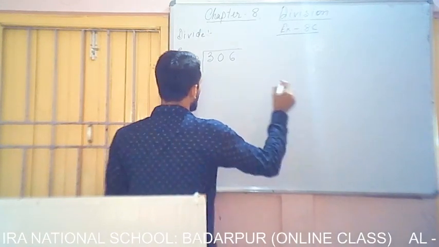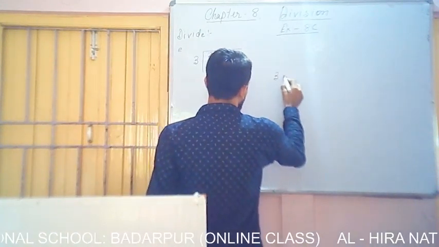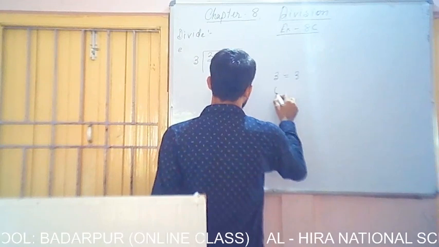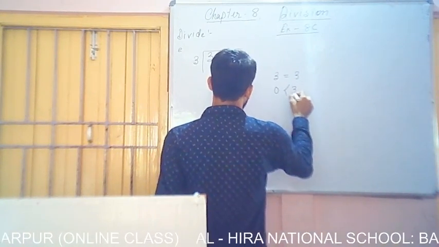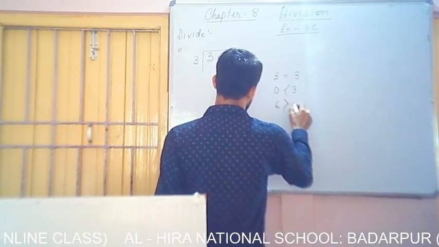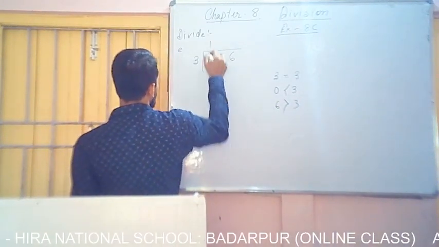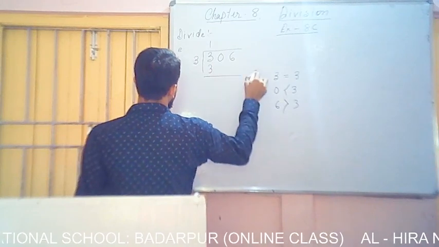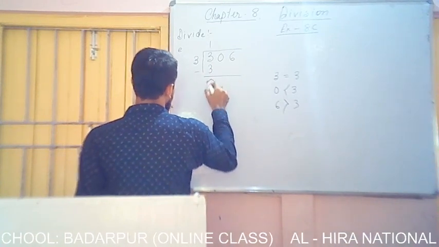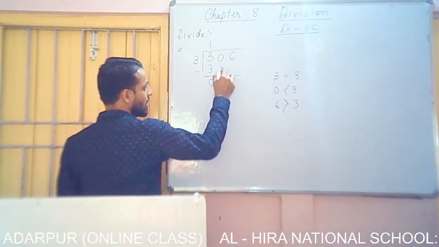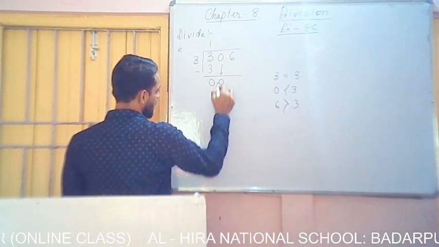Okay. So 3 equals 3, 0 is less than 3, 6 is greater than 3. So first of all, 3 ones are 3. 3 minus 3 equals 0. Bring down 0 tens.